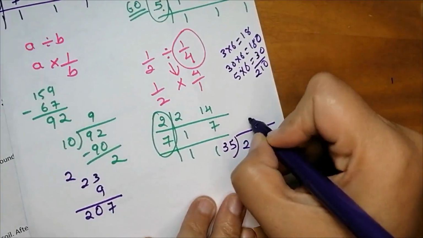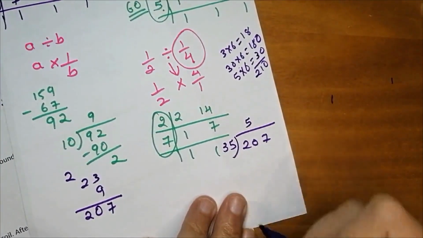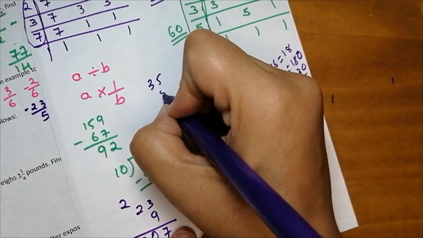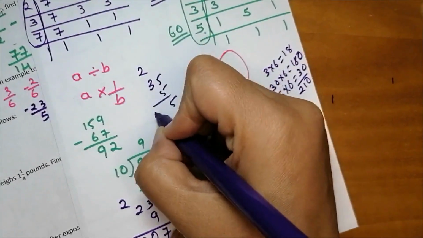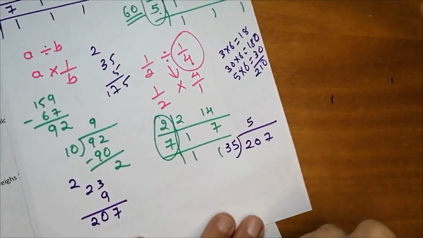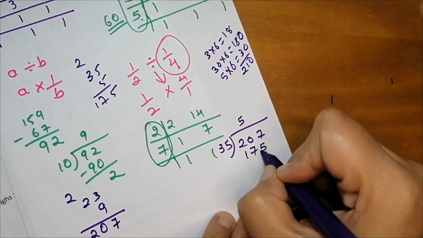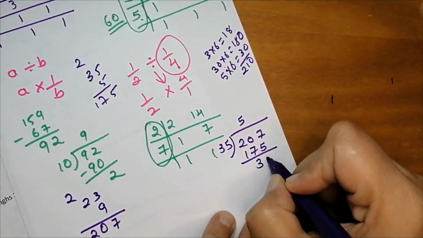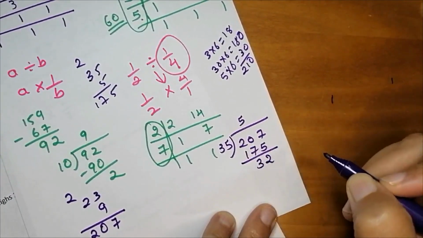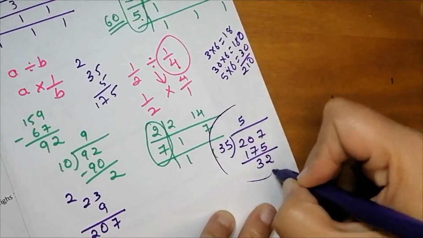So we will try with 5, right? 35 times 5. 5 times 5 is 25. 2 carried forward. 5 times 3 is 15, and this is 17, right? So 175, okay? That gives us the remainder of 32, okay? So this is what we have here, right?